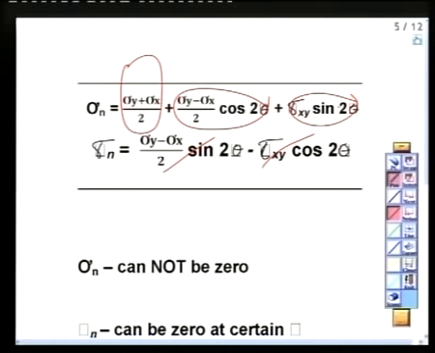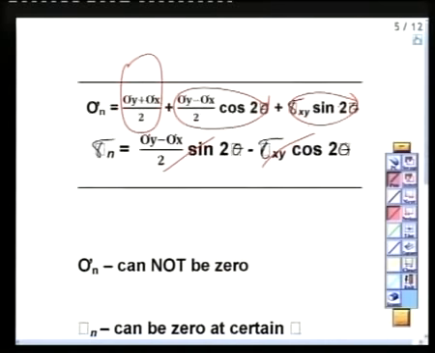So mathematically, if 2 theta gives us sine or cosine 0, this will end up with 0 tau. But in all cases, we still have sigma y plus sigma x divided by 2. So it is impossible for sigma n to be 0, while it is possible for tau n to be 0.